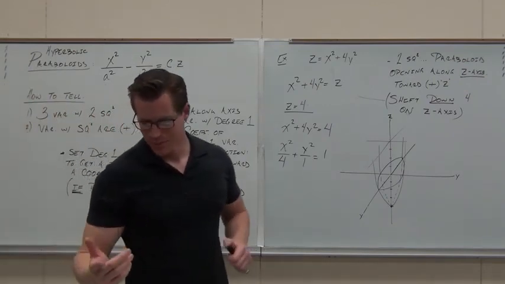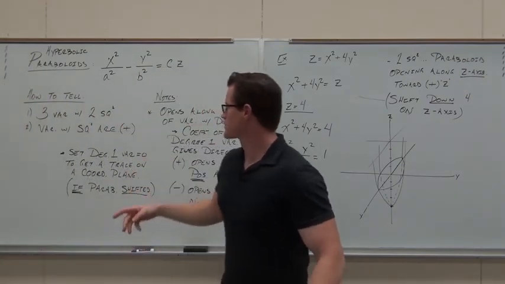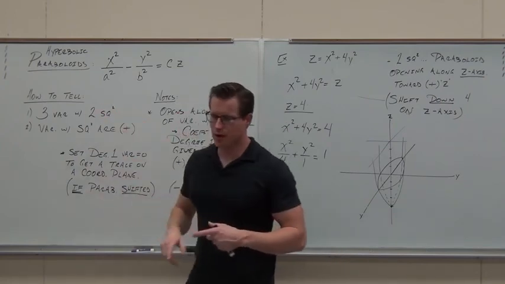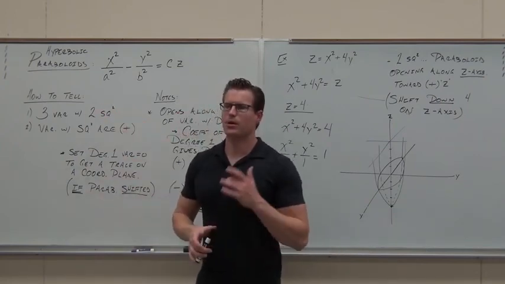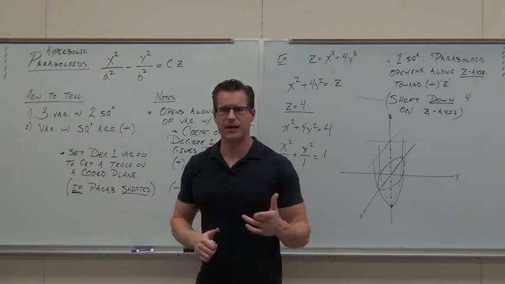Here's how you tell. It's got 3 variables. 2 of them are still squared, but 1 square has a minus or a negative.